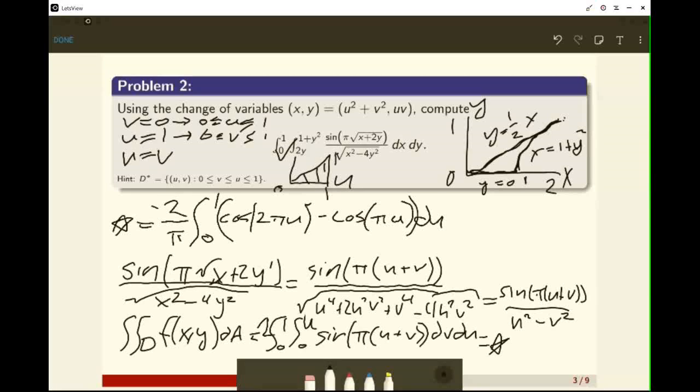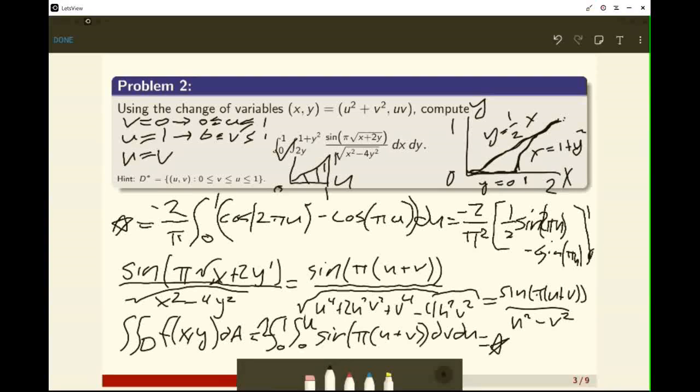And then if we take the antiderivative again, we're going to get 2 over pi squared, with another factor of pi coming out of both of these. The cosine of 2 pi u would give us another factor and would give us a sine of 2 pi u, and then the cosine itself of just pi u would give us sine of pi u.